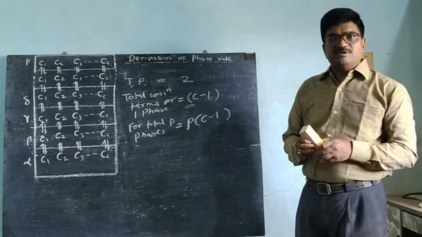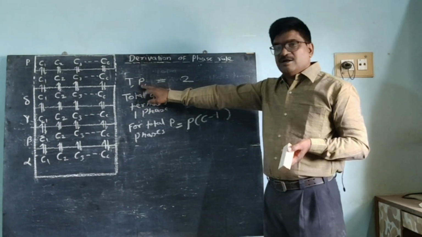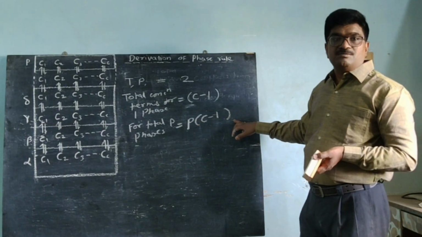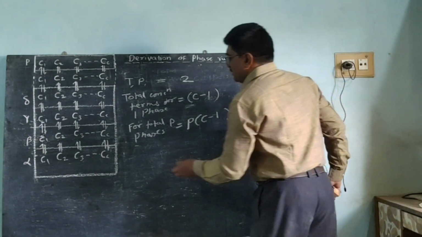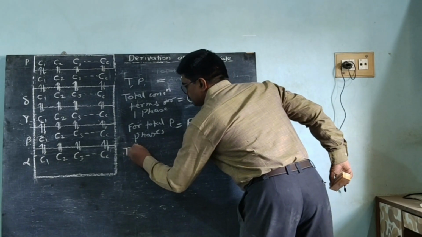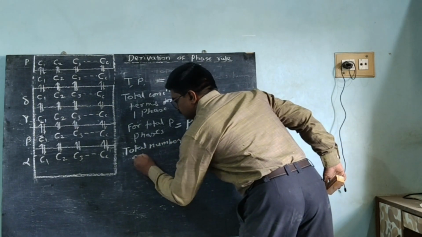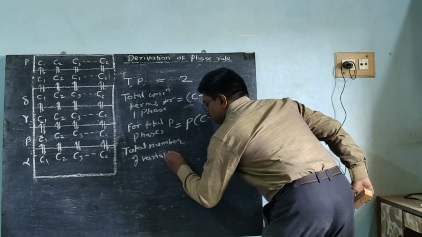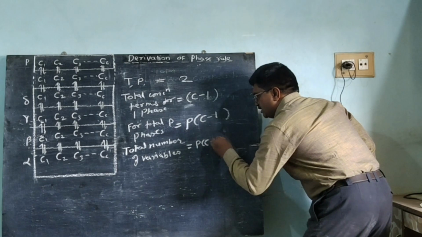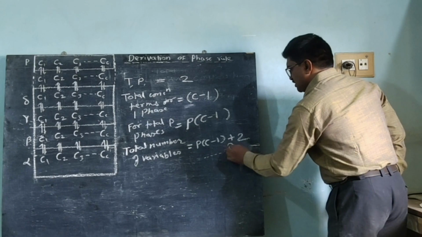Now we have the total number of variables: one temperature, second pressure and P into C minus 1 concentration terms. So the total number of variables is equal to P into C minus 1 plus 2. Say equation number 1.